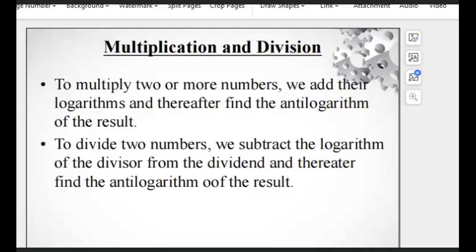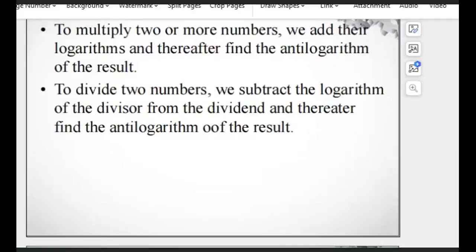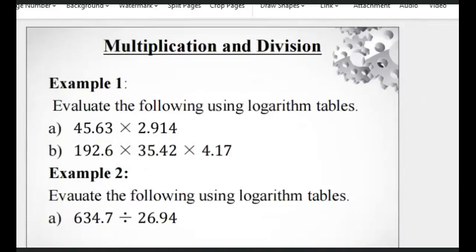And to divide two numbers, we subtract the logarithm of the divisor from the logarithm of the dividend and thereafter find the anti-logarithm of the result. So we start right there. Now you have a few examples here where we are asked to multiply or evaluate the following using the logarithm table. We are multiplying and also dividing.